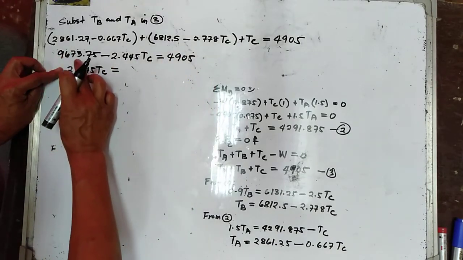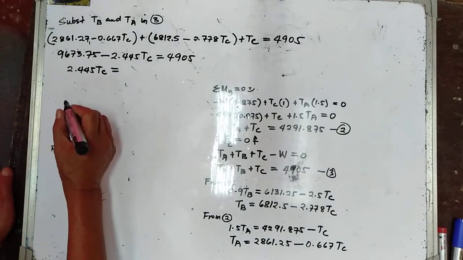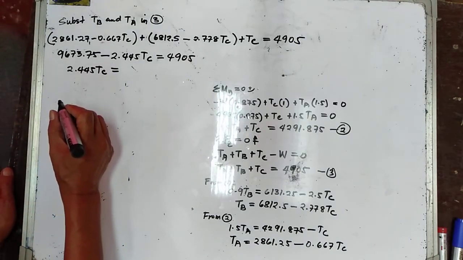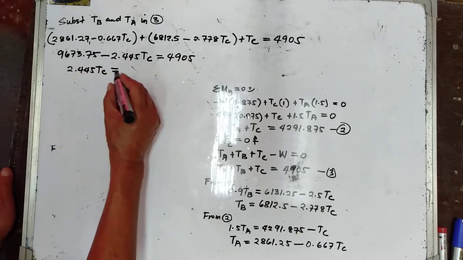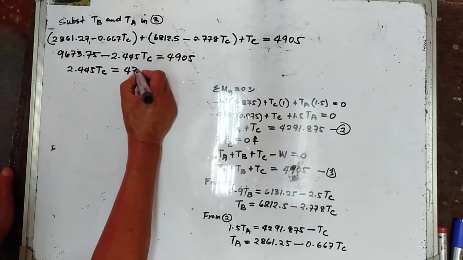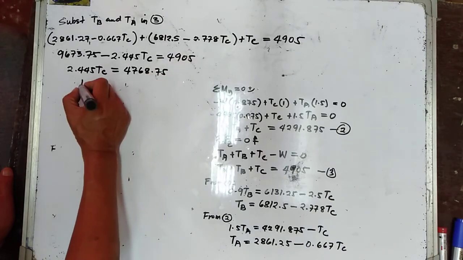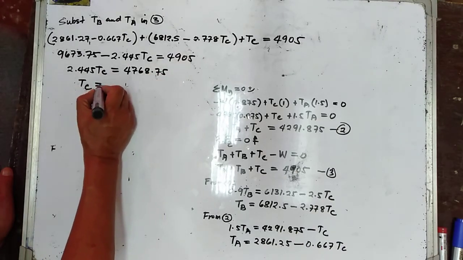So we have 9673.75 minus 4905, that is equal to 4768.75.